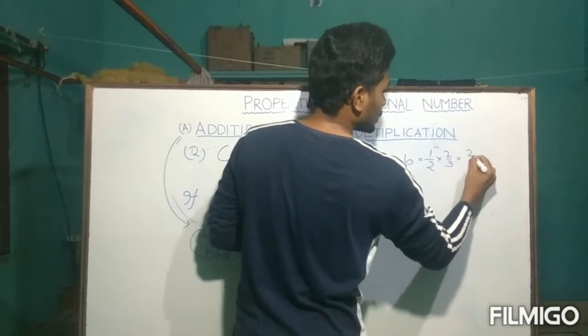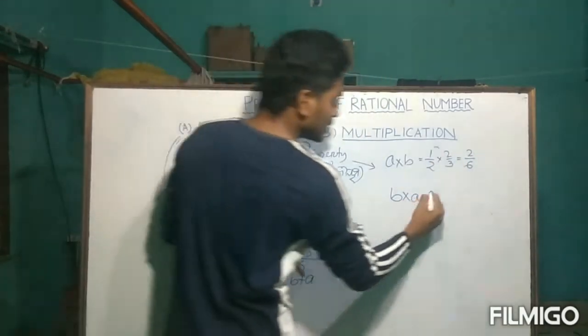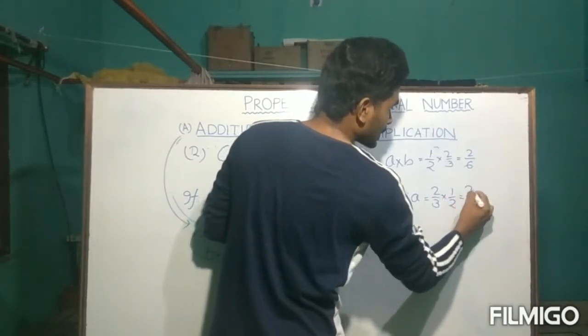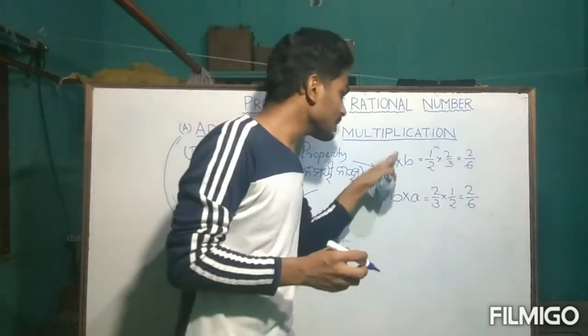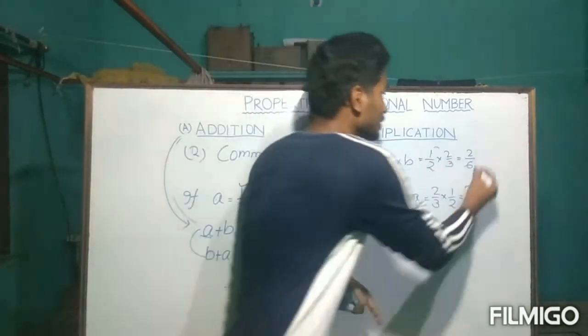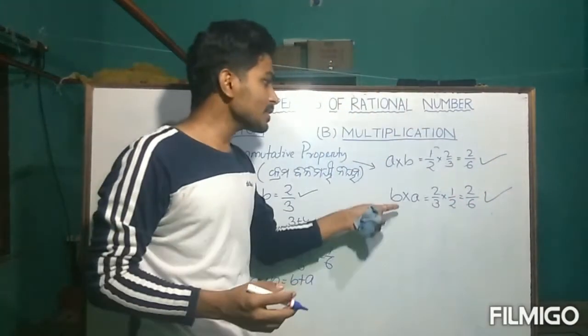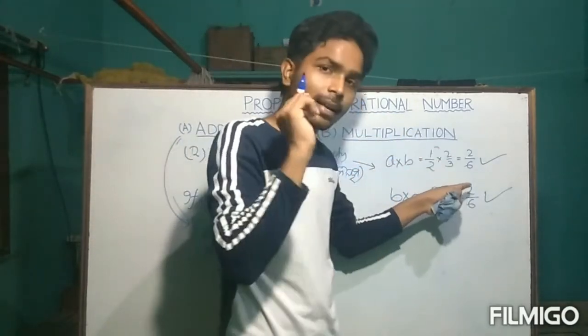It will be 1 into 2 is 2, 2 into 3 is 6. b into a, b means 2 by 3, 2 by 3 into 1 by 2. 2 into 1 is 2, 3 into 2 is 6. See, here also in these two cases the result is 2 by 6 and here also the result is 2 by 6. So in these two cases a into b or b into a, the resultant will be same.